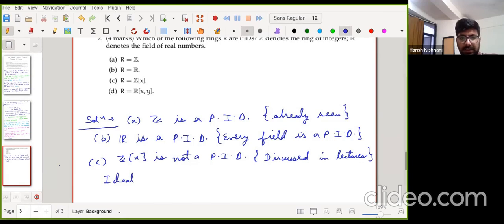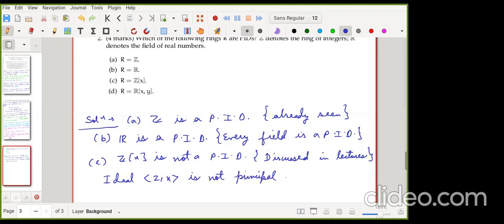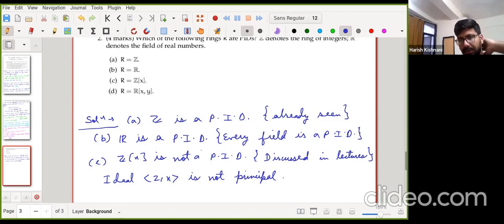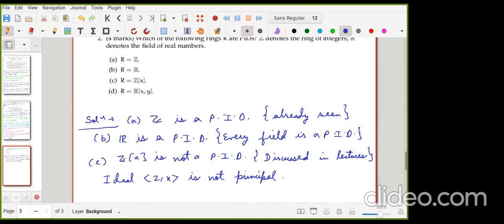The ideal generated by 2 comma x. This is not principal. You understood why it's not principal? Because you cannot find a single element.